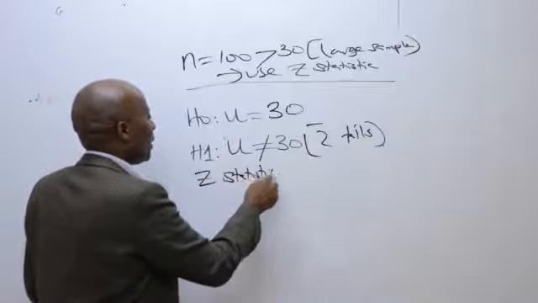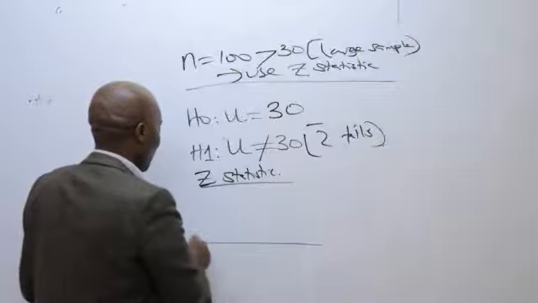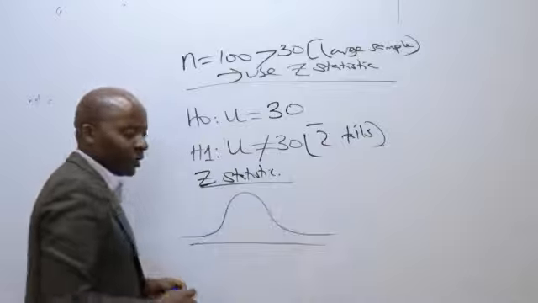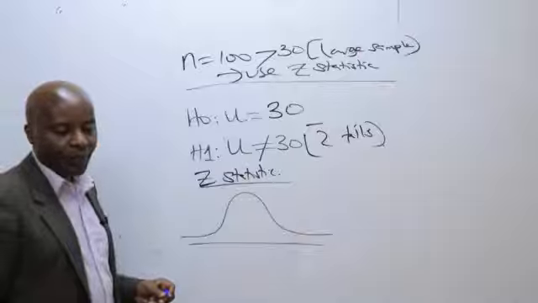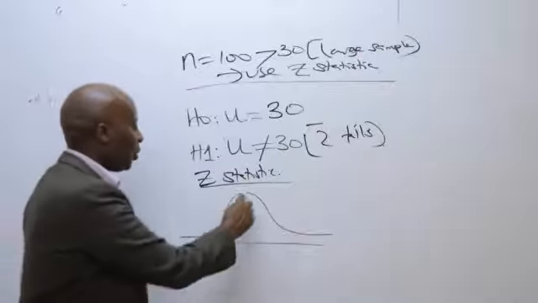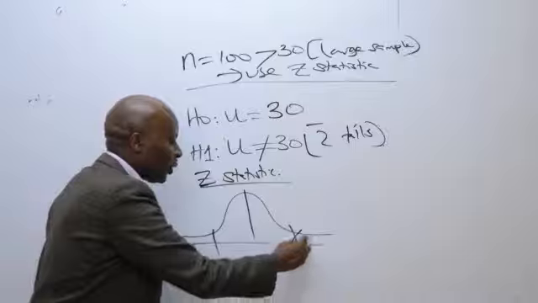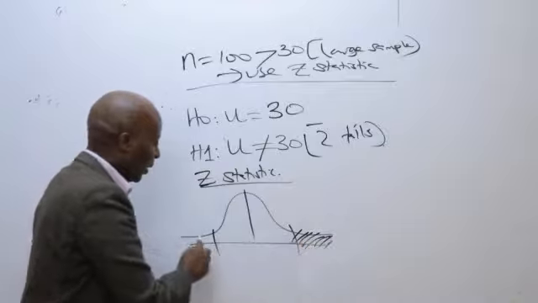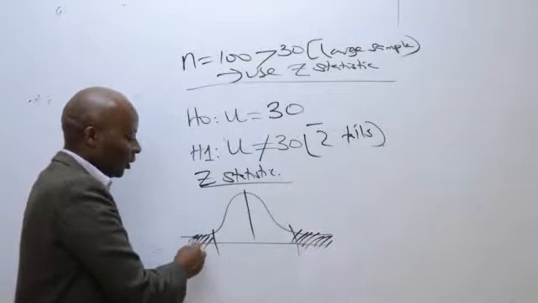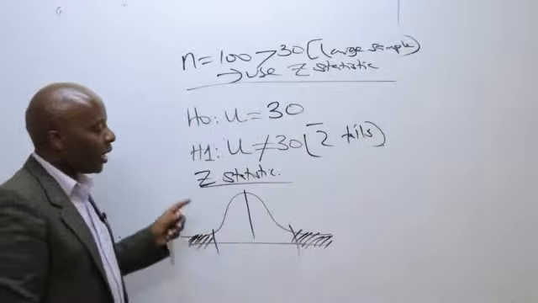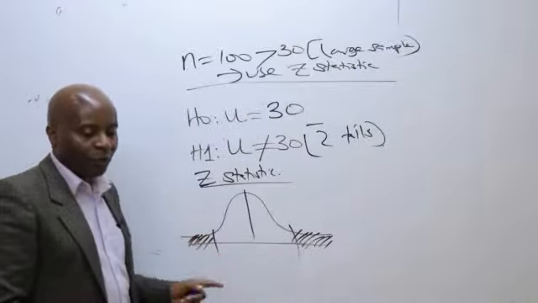Our Z statistic here will be like that. Because it is 2 tails, not a problem. I'll come and shade my 2 tails. Of course, there is no tail at the middle. When there are 2 tails, I have to subdivide the level of significance into 2.